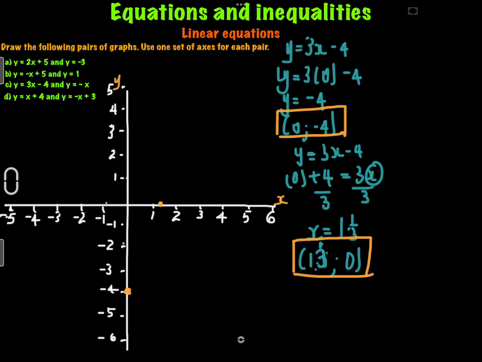Then we simply take our ruler to join those two points on our Cartesian plane. So what we are addressing in this case is this equation here, y equals 3x minus 4.